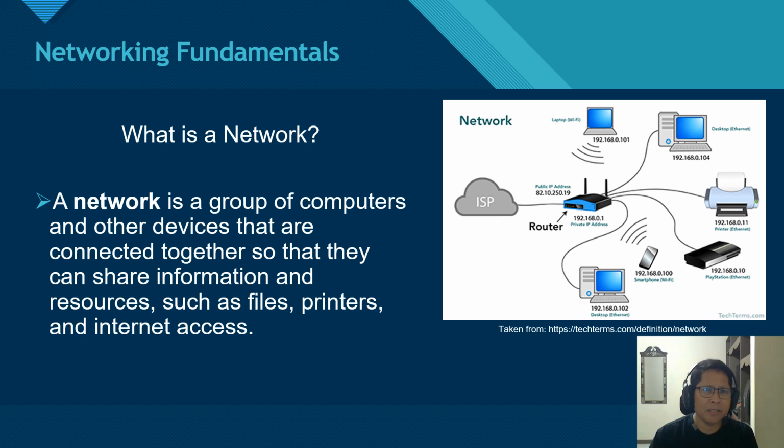By connecting computers together, users can share data or communicate with each other and work together more efficiently, even if they are located in different parts of the world. Computer networks can be wired or wireless and can range in size from small local area networks, or LAN, to large wide area networks, or WAN, that span multiple locations.